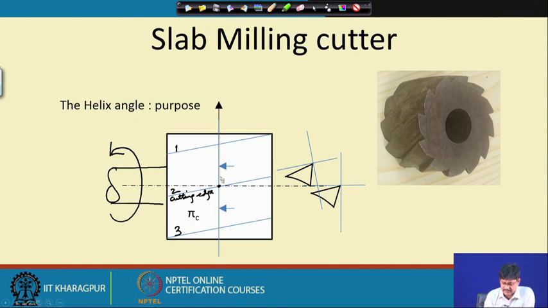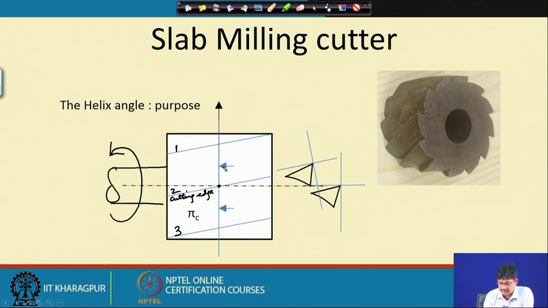If we take a section on the cutting edge, since this is the cutting plane, this straight plane passing through this point, and if we take a section perpendicular to it, we will get the orthogonal section.